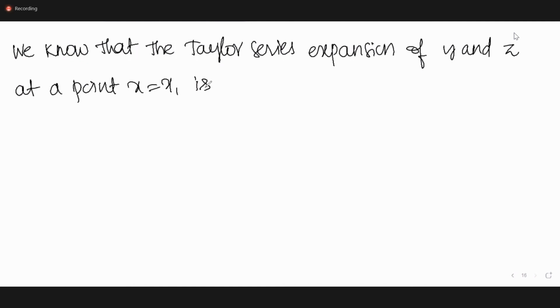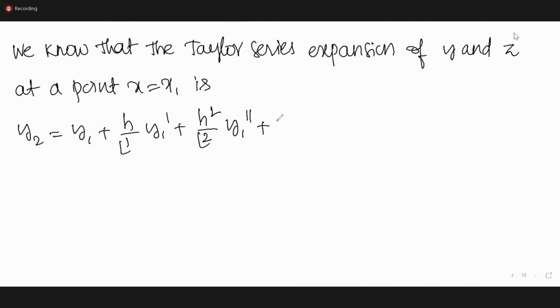So y2, z2 in terms of y1, z1: y2 is equal to y1 plus h by 1 factorial y1 dash plus h square by 2 factorial y1 double dash plus h cube by 3 factorial y1 triple dash plus h power 4 by 4 factorial y1 fourth derivative plus so on.